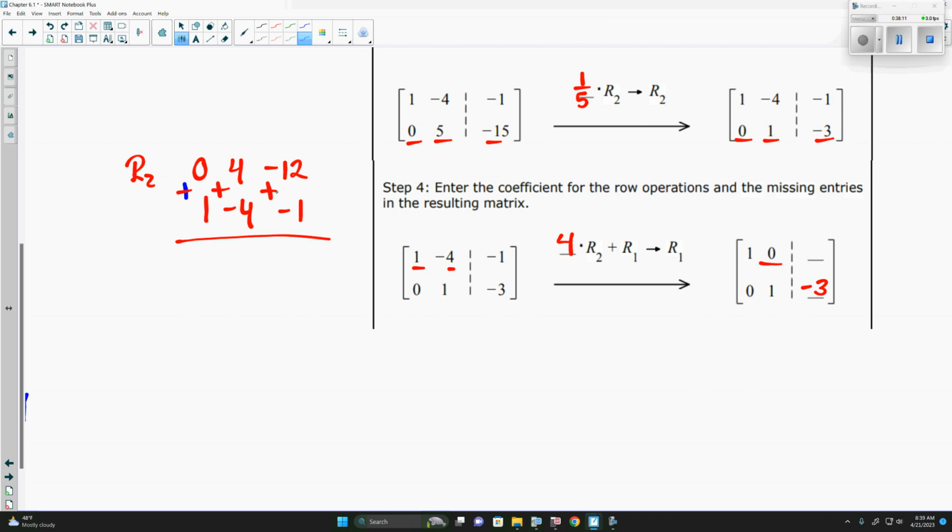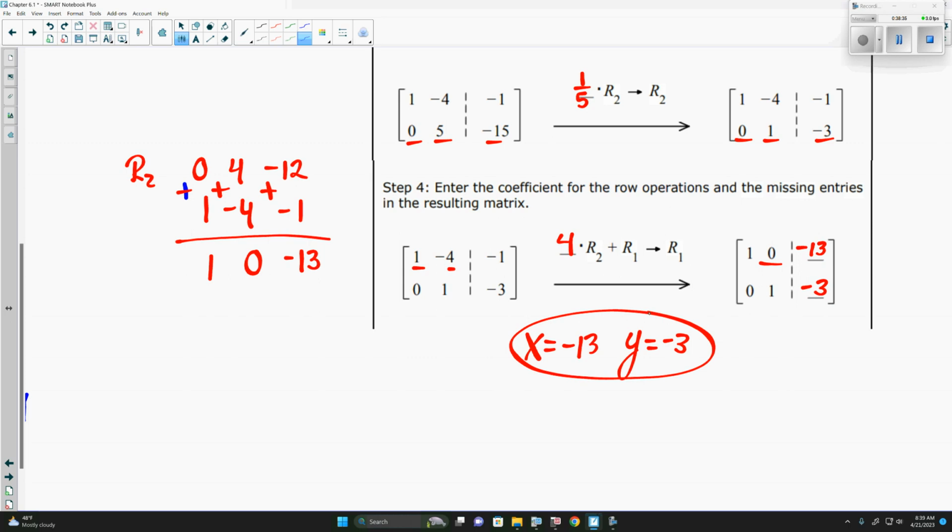Well, 0 plus 1 is 1. We have that. 4 plus negative 4 is now 0. And negative 12 plus negative 1 is negative 13. So the solution is telling us x is equal to negative 13 and y is equal to negative 3.